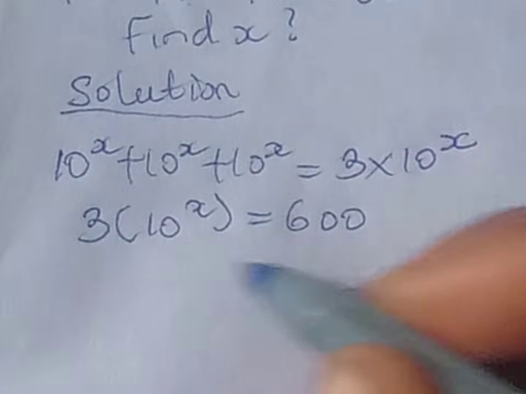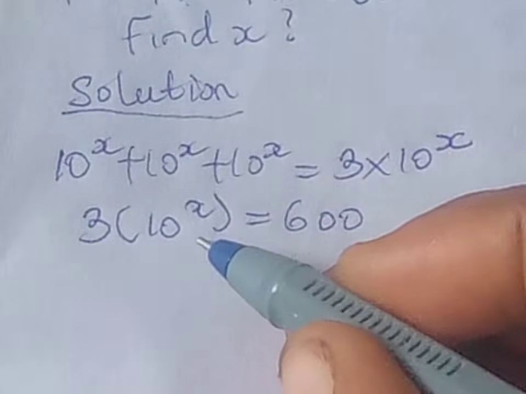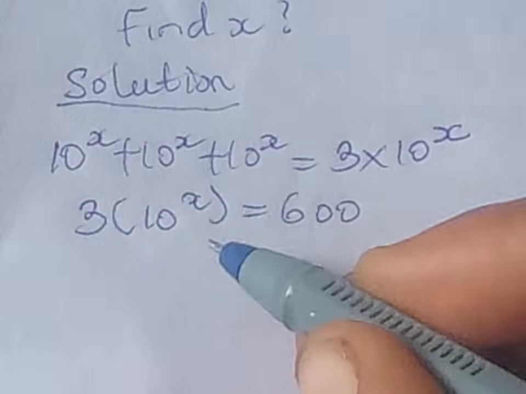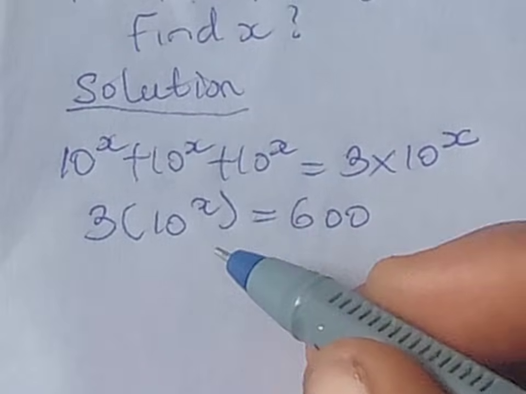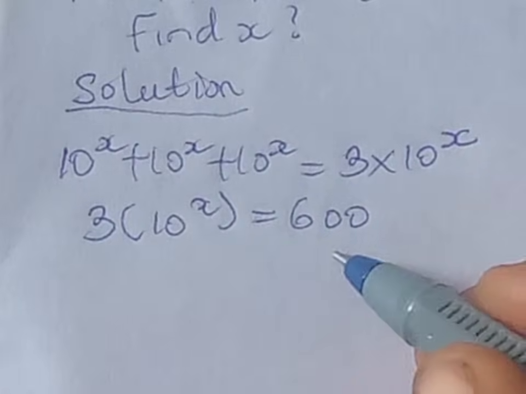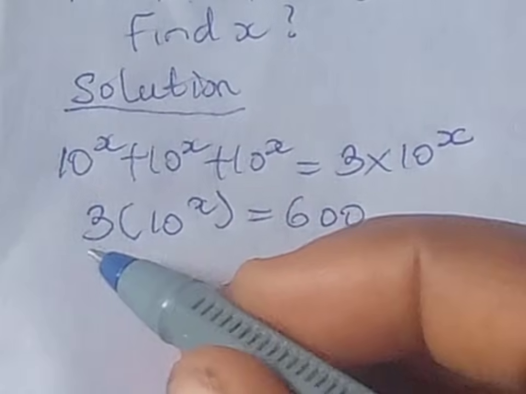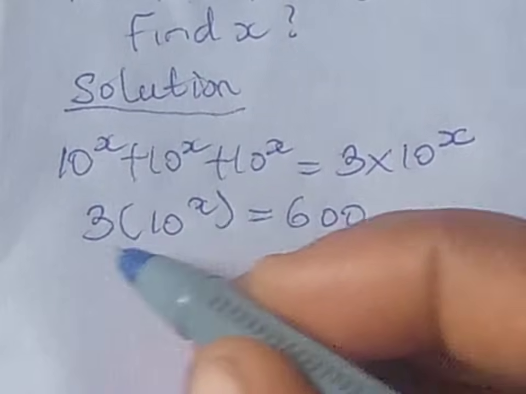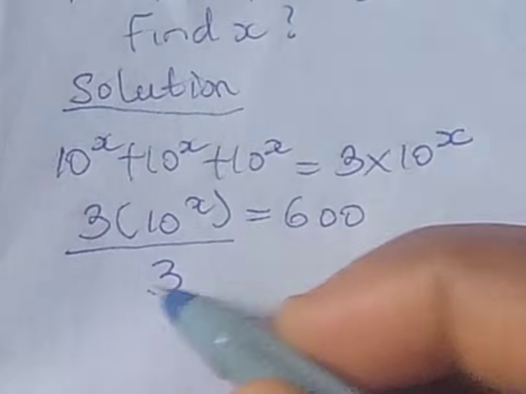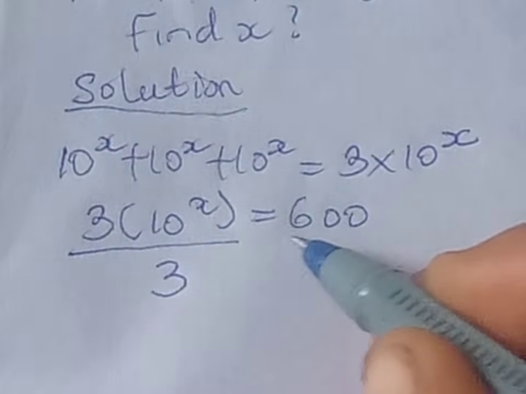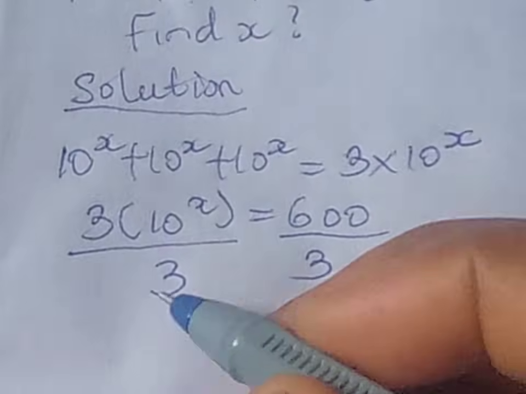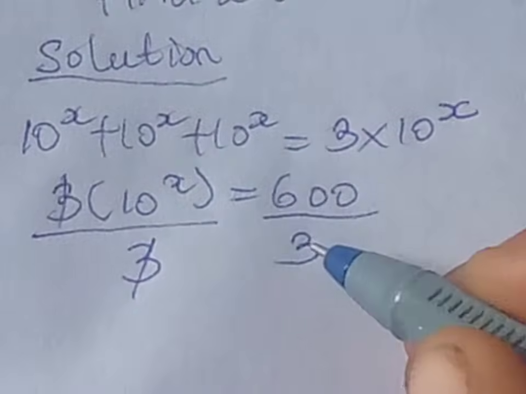The next thing is, let's isolate the exponential term. We can only isolate it by dividing both sides by 3. Now let's divide both sides by 3. That is 3 times 10^x divided by 3, and 600 divided by 3. 3 cancels 3.